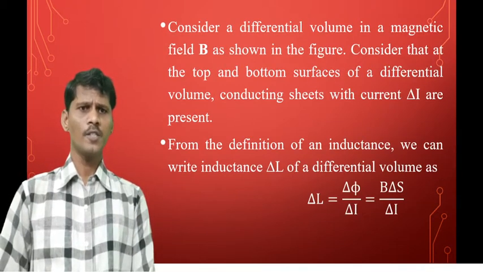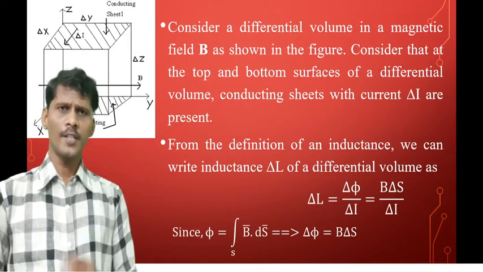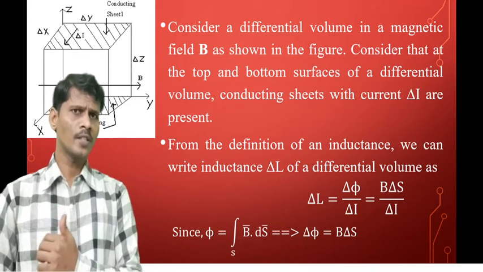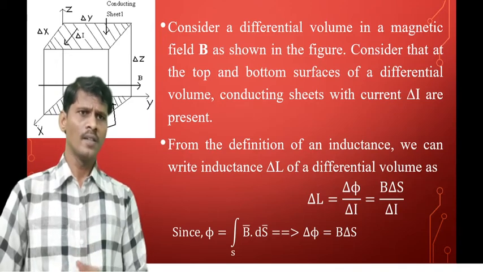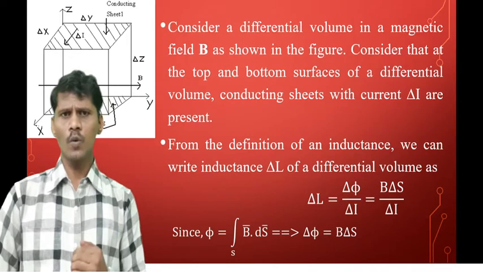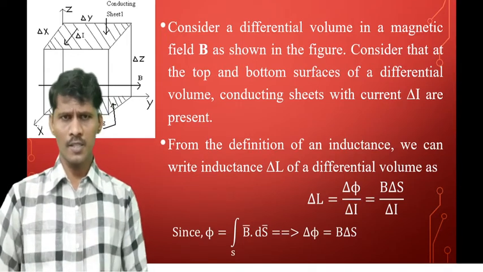Consider a differential volume in a magnetic field B bar, shown in the figure. Here the magnetic flux density is flowing in the y direction. Consider that at the top and bottom surfaces of the differential volume, conducting sheets with currents delta I are present.